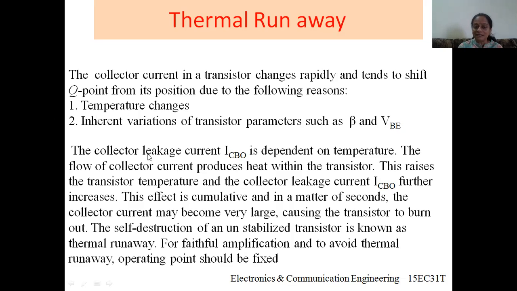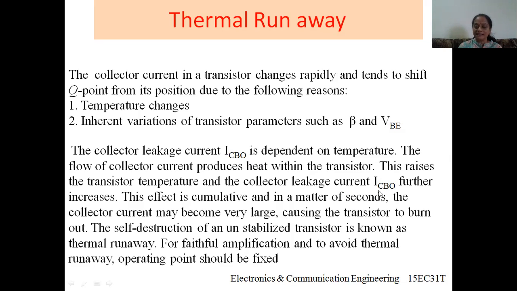So the collector leakage current, ICBO, is dependent on temperature. When the collector current changes, this produces heat, and this heat in turn raises the transistor temperature, which in turn increases the collector leakage current.